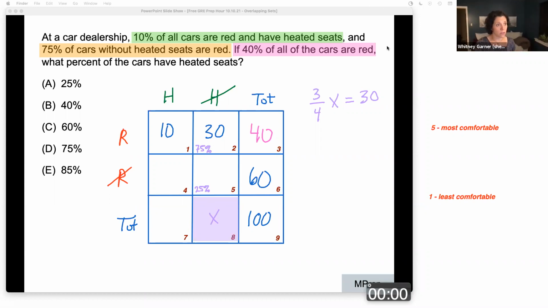And so I can use the algebra if I want to use the equation, or I could say that if 75% is 30, then 25% would be 10, which means X, this one would be 40 down here in box 8. Which means if there are 40 in box 8, there are 60 in box 7. And that is my answer. What percent of all of the cars have heated seats? 60%.